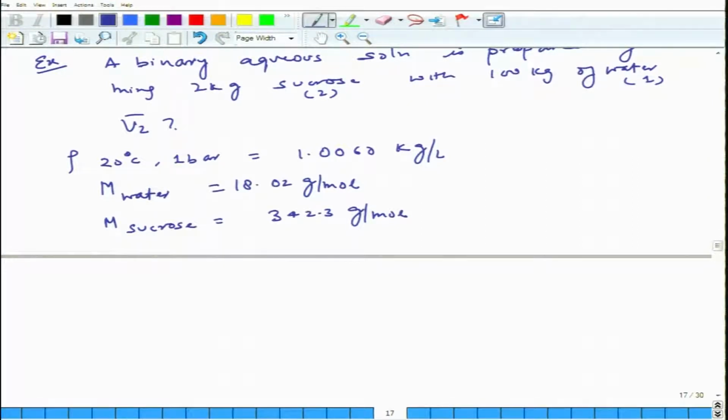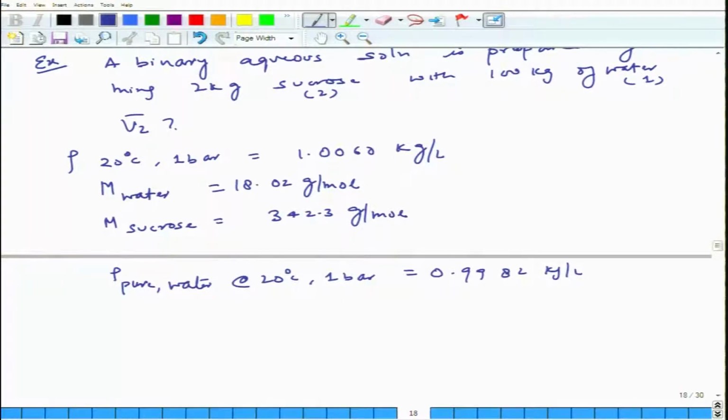In addition to this, we are given that pure water at 20 degrees Celsius and 1 bar has a density of 0.9982 kg per liter. Okay.